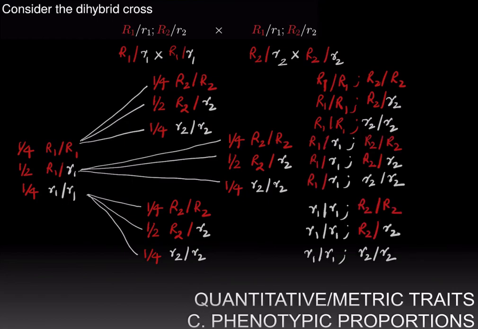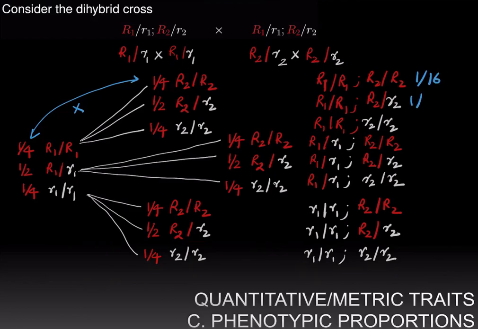Next, we can use the product rule to compute the fraction of these genotypes in the progeny, or the frequency of these genotypes. So for example, big R1, and big R2 is 1/16.